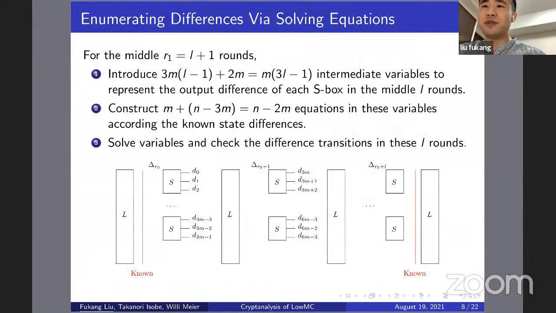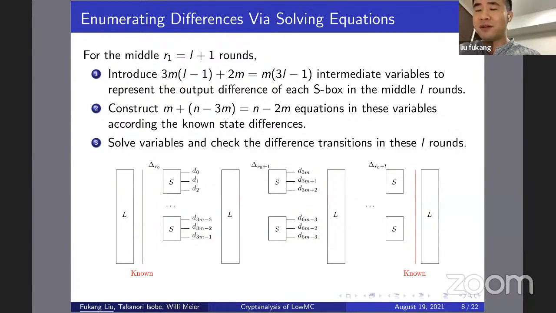So with observation 2 in mind, we can now explain how to compute the difference transitions for the middle R1 rounds. The idea is very simple. For these rounds, we can introduce intermediate variables to represent the output difference of each S-box. Then, according to the state differences computed backwards, we can construct equations in these variables.